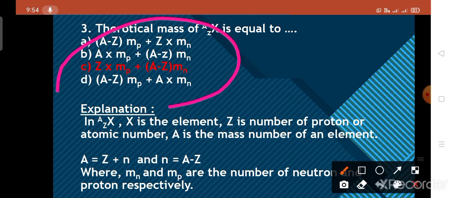In this equation, Mn is the mass of a neutron, and Mp is the mass of a proton.